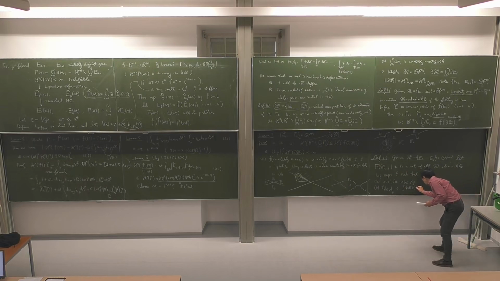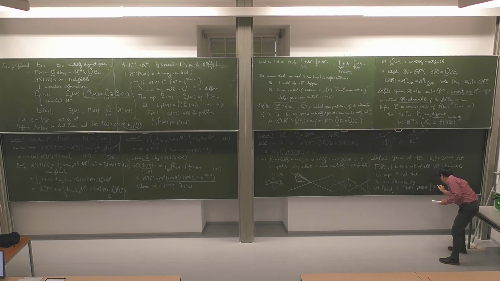So phi of f star of M is less than phi of M. Okay, so this holds.